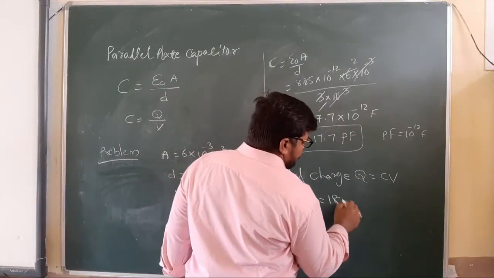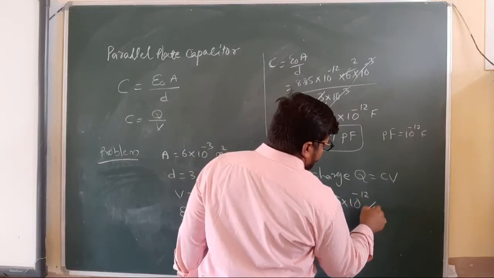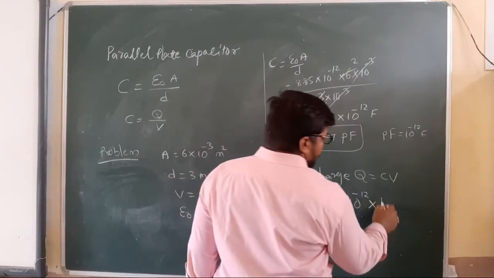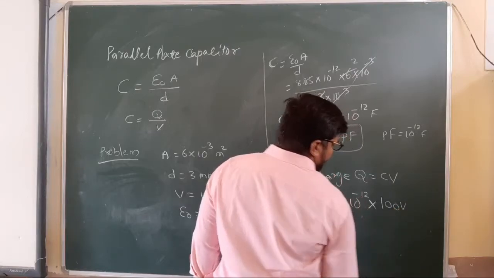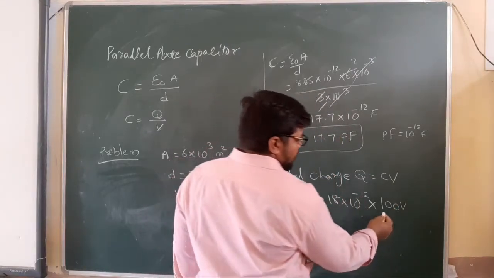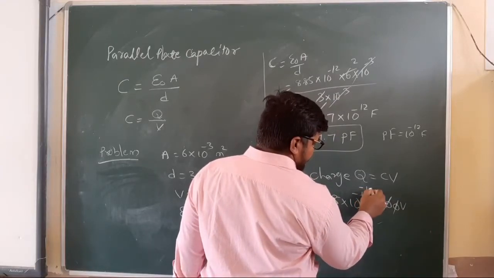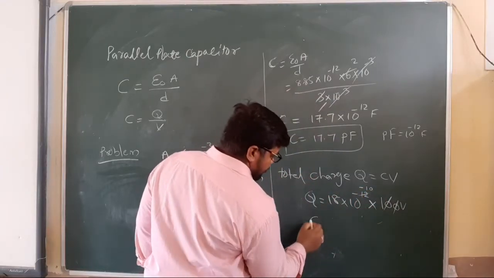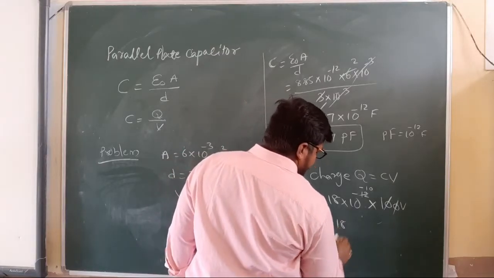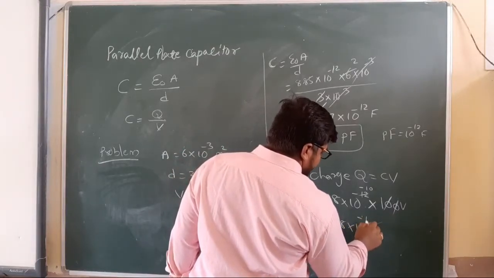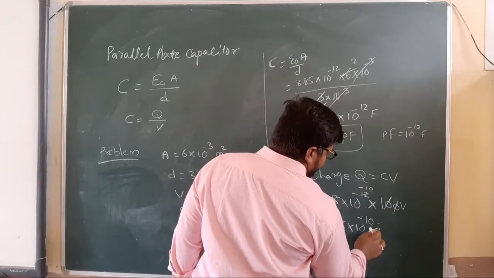So 18 into 10 power minus 12 farad into 100 volts. Clear? Here two zeros cancel, 10 power minus 10. We get total charge is 18 into 10 power minus 10 coulomb.